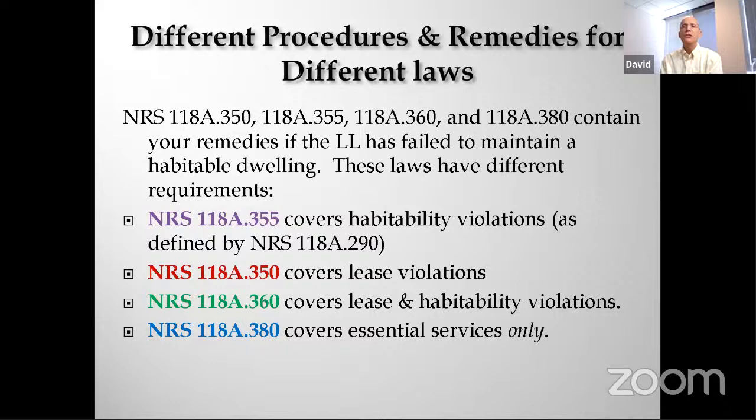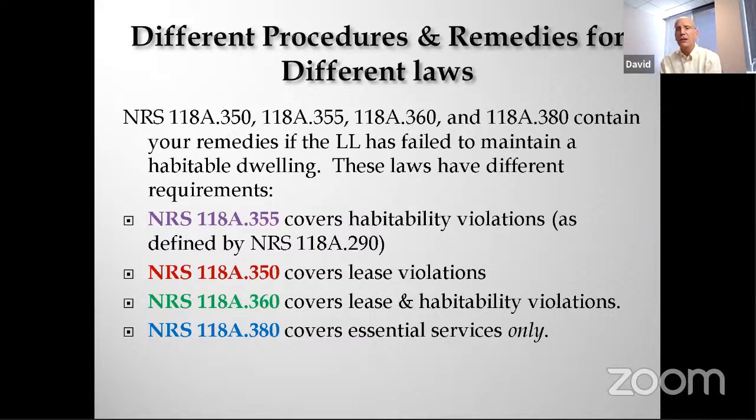All right, so there are different procedures given the situation that you have. Let's say you have a leaky faucet. That's going to be covered under habitability or a lease violation, NRS 118A.350, 355, or 360. Essential services are covered by 118A.380. All of these situations require you to provide notice to your landlord, and we're going to go through them.